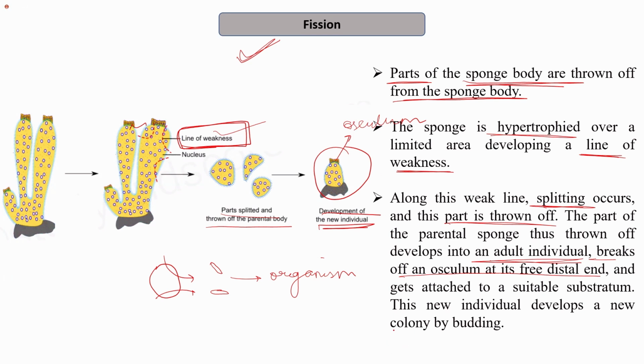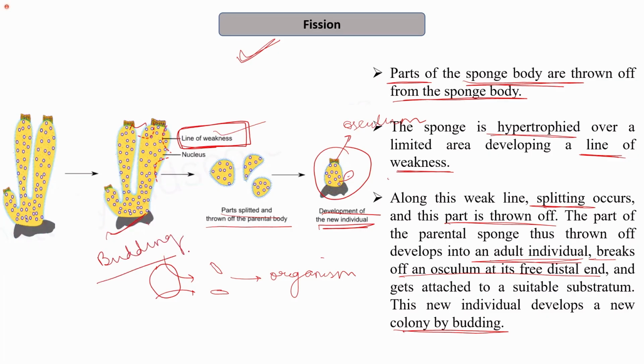This new individual develops a new colony by budding. Again, this new individual may form a protrusion, and these protrusions may develop into new organisms. So these individuals may again form such colonies by the process of budding, right?